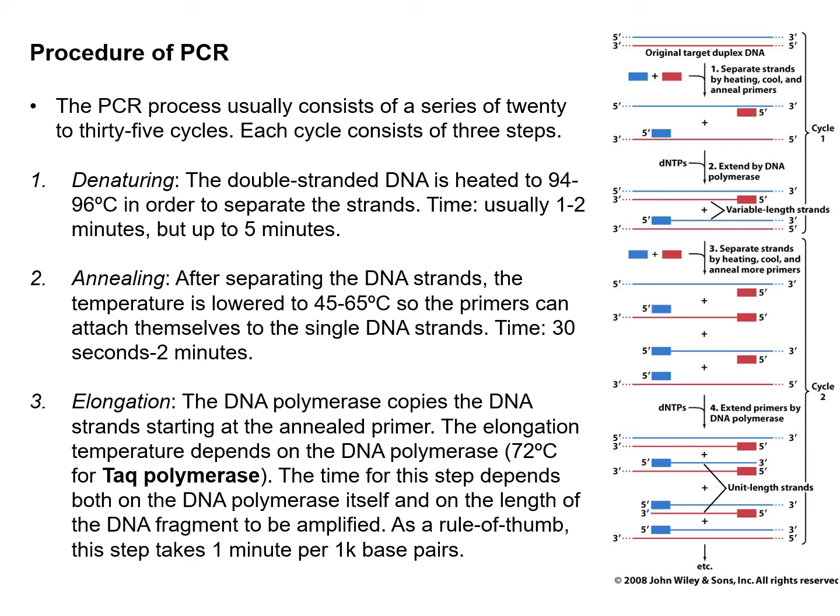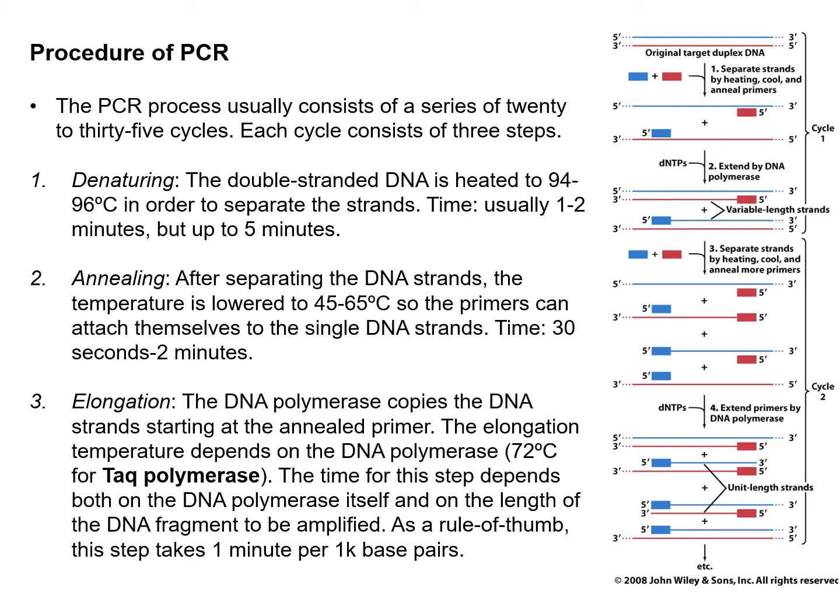And the last step for that cycle is the elongation process, where the DNA polymerase copies the DNA strands starting at the annealed primers. So both this direction and this direction too. And the temperature depends on the polymerase that you're using.